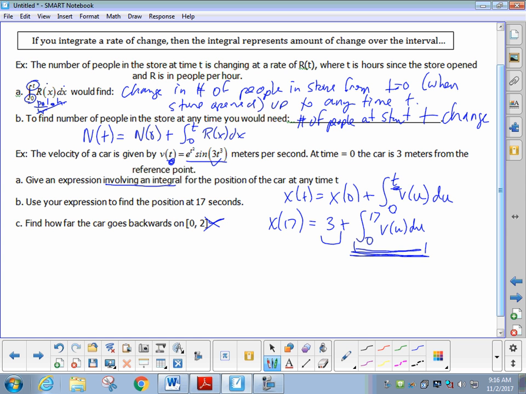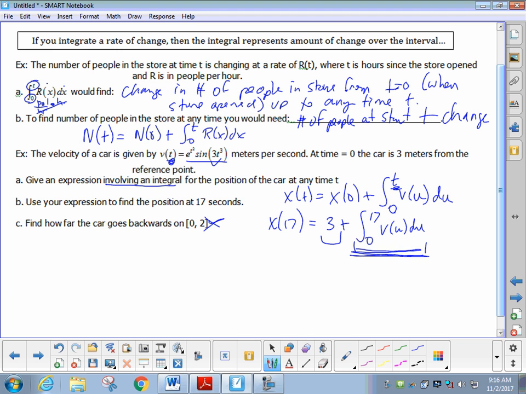That is pretty decent. Actually, we might as well. We got 4 minutes. We might as well tack this on. Go ahead and get your calculator out, please. Maybe we can crank this one out. This, I think, is a good problem. How do I find out how far the car goes backwards on 0 to 2?